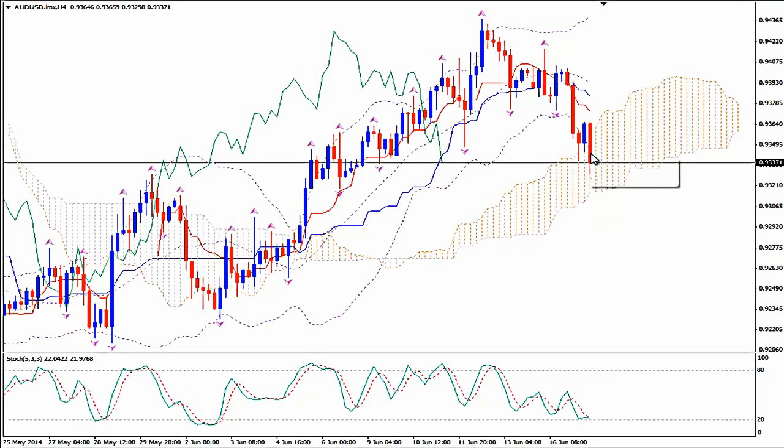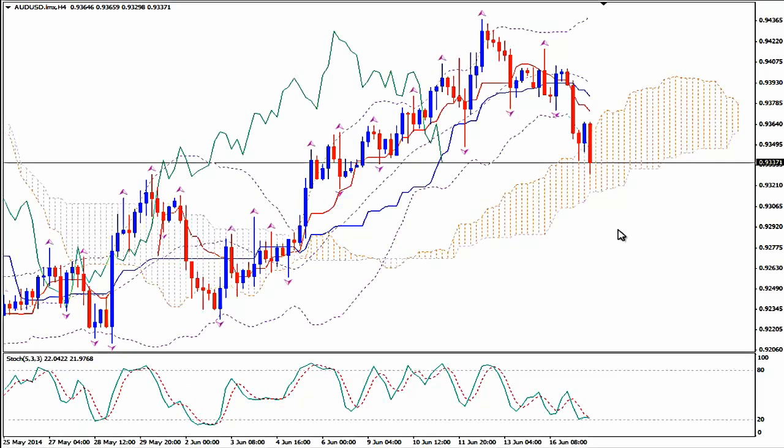To have a bearish Kumo breakout on H4, we need to see the price below the Kumo, and we also want it validated by Chikou-span. Chikou-span is the green line which moves in the past, and we want Chikou-span to be below past price action as it is, but also below the Kumo. So the price must come down here in order for a bearish Kumo breakout to be valid.